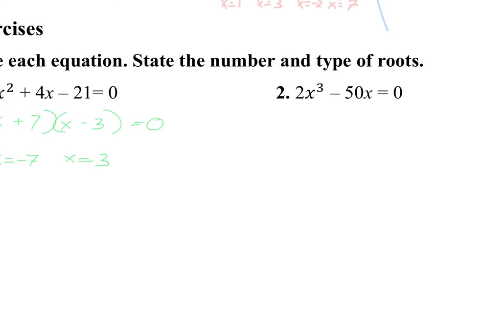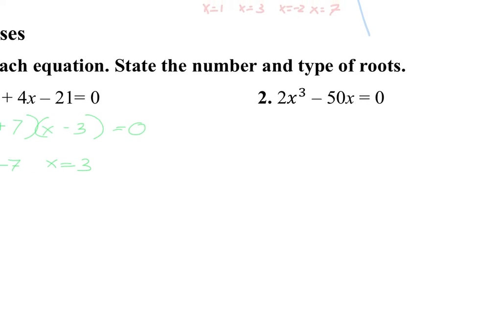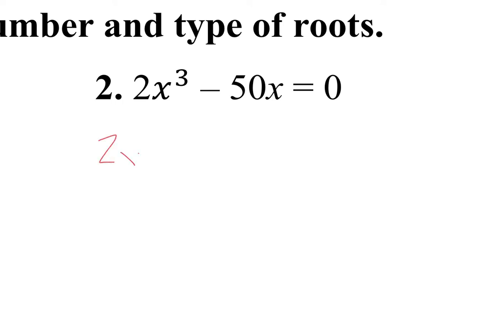Okay, number 2, it's x cubed. First step, though, I didn't mention on number 1 because there wasn't one, but check out GCFs. See if there's any GCFs in there. I see that I can divide both of these terms by a 2 and an x, which gives me x squared minus 25.